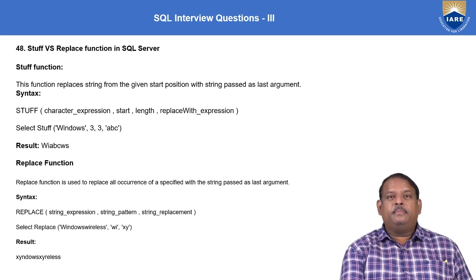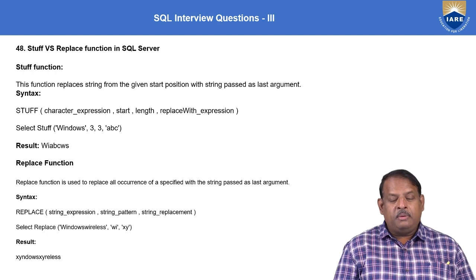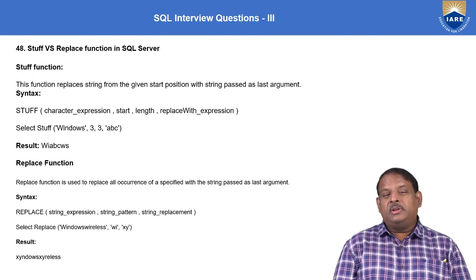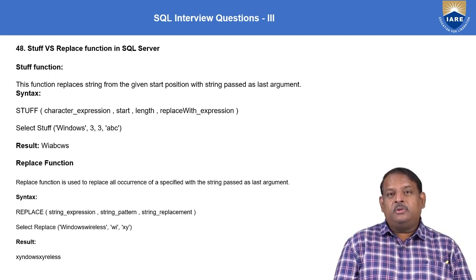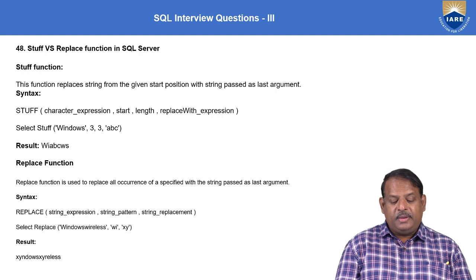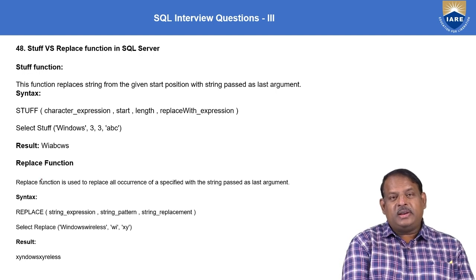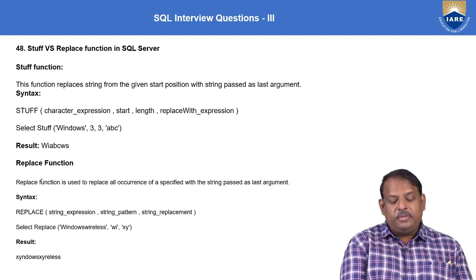Now in this example, my original string value is Windows. I want to start at the third position and replace three characters with ABC. So I'm saying SELECT STUFF('Windows', 3, 3, 'ABC').